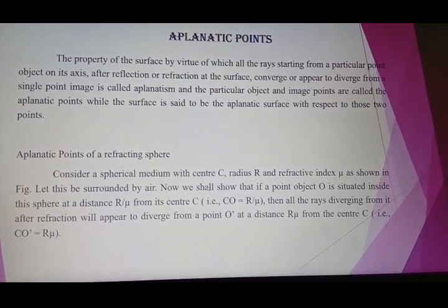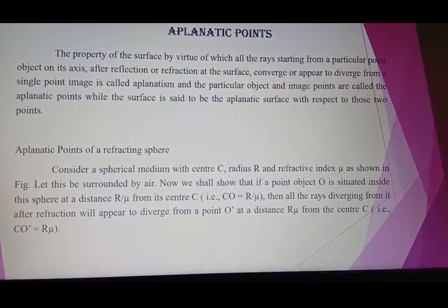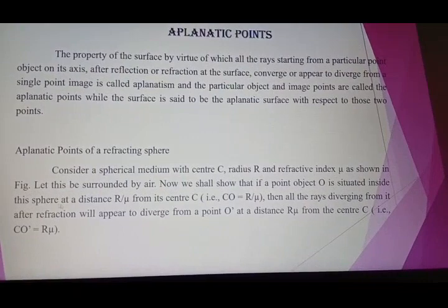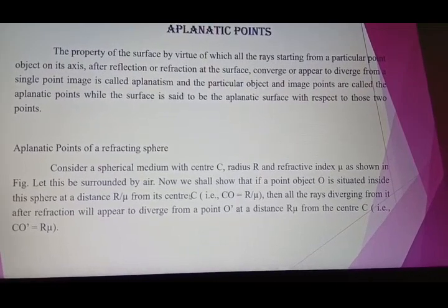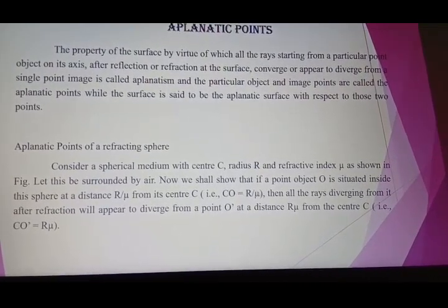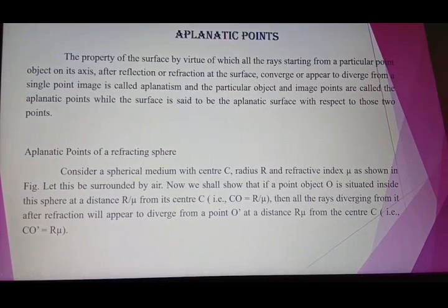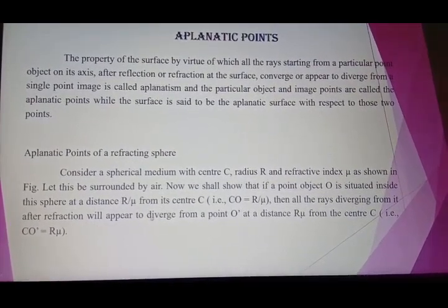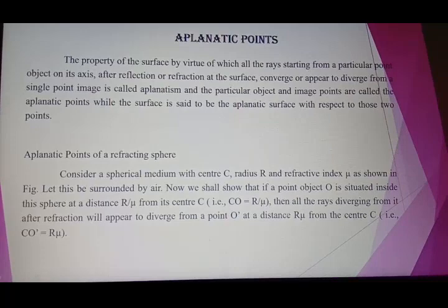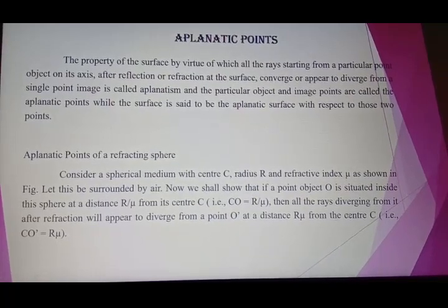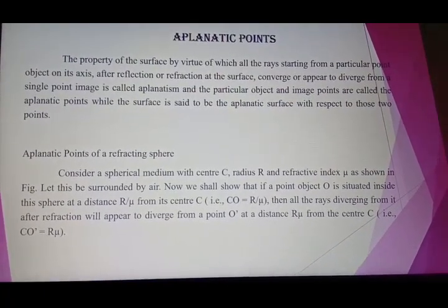Now we shall show that if a point object O is situated inside this sphere at a distance R upon μ from its center C, that means CO is equal to R upon μ, then all the rays diverging from it after refraction will appear to diverge from a point O dash at distance Rμ from the center C, that means CO dash is equal to Rμ.